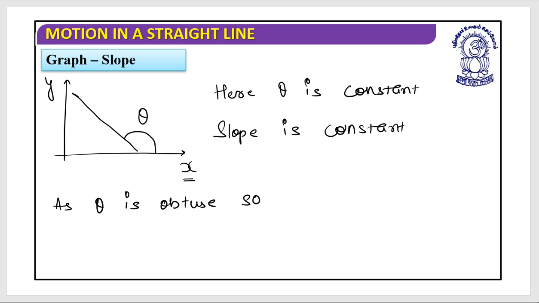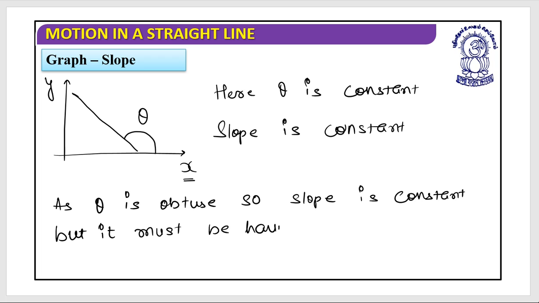So slope is constant, that is for sure, but it must be having a negative value.